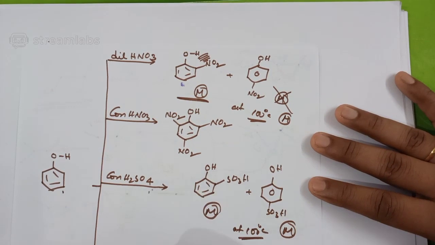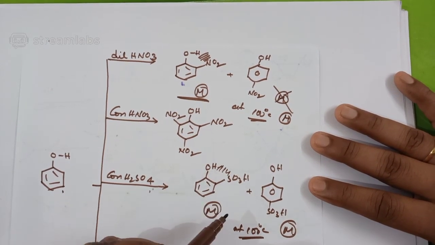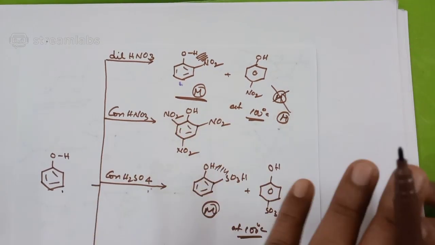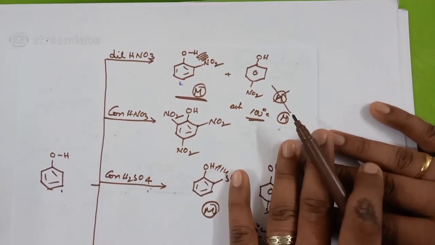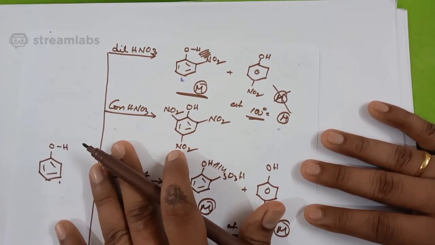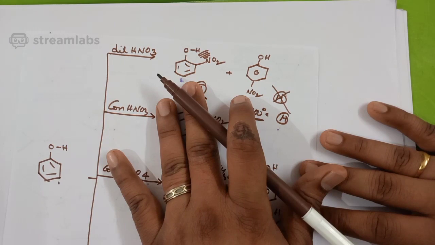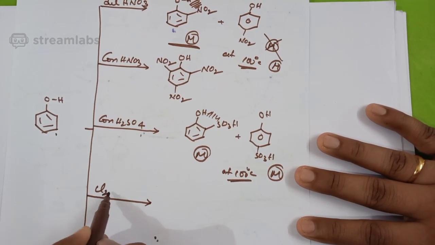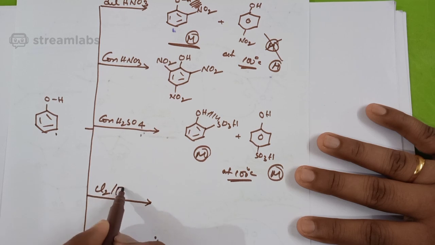Why? At high temperature, generally, the hydrogen bonds are cleaved, which means no hydrogen bond. If there is no hydrogen bond, which is the major product? Para only. That's why high temperature gives para and low temperature gives ortho. But if there is no hydrogen bond, I'll show you an example: Cl2 with FeCl3.